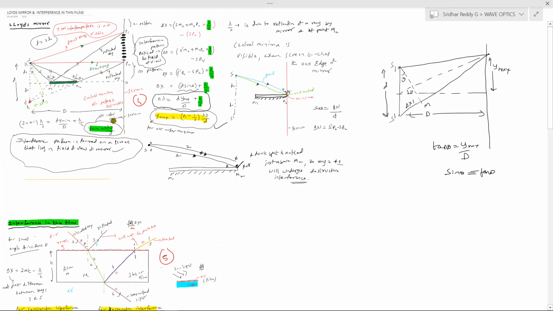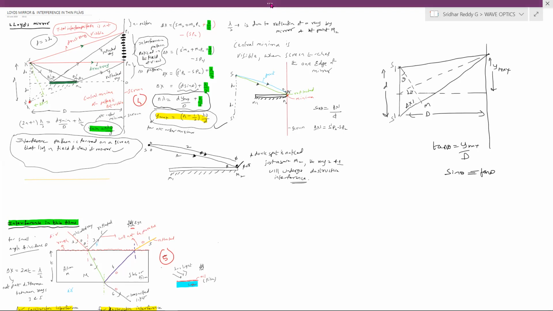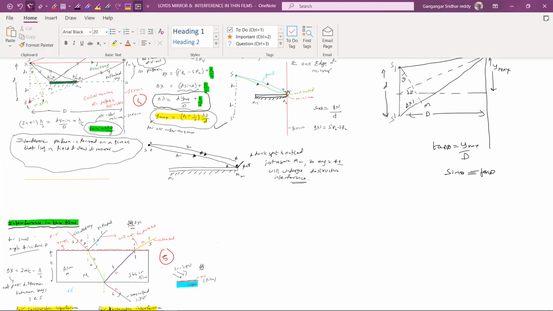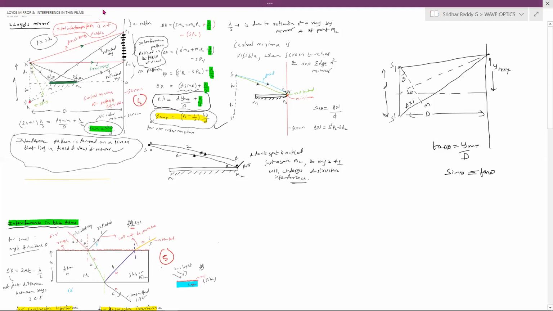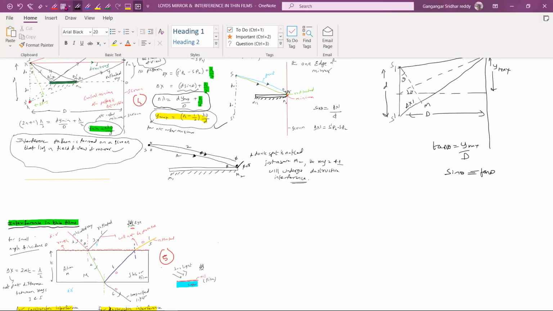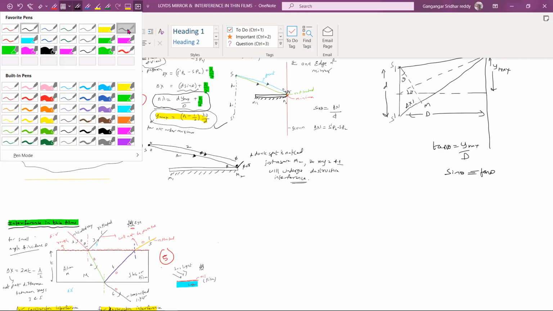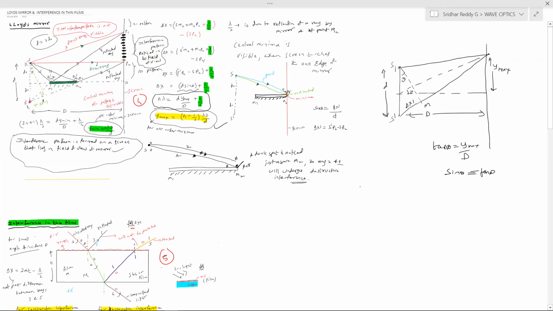Okay, fine. So this is about the interference, how to calculate the positions of maxima and minima. Next question: how to calculate the fringe width?